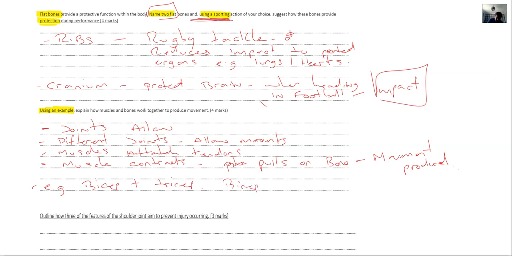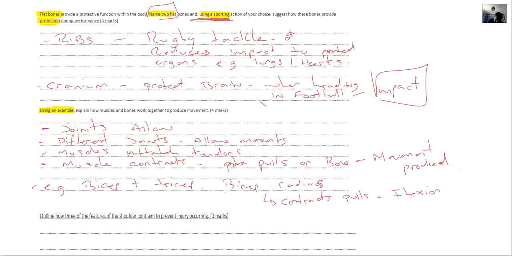Bicep is attached to the radius. Okay. Oh, S, not US there. Bicep is attached to the radius. It contracts. Pulls equals flexion.